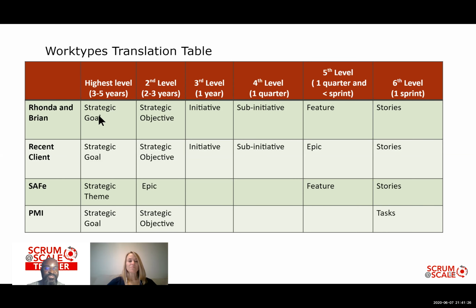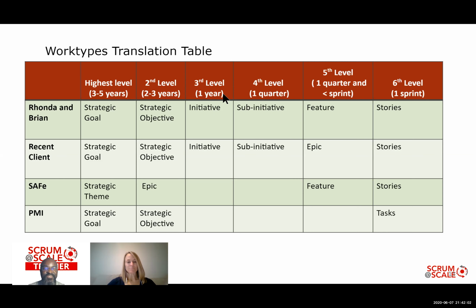So we take our goals, and as we go from these more strategic work types to what the teams work with, you're going to see that they get smaller because they're decomposed. So going from strategic goal to strategic objective, the time frame in which we develop them is actually smaller. And then the initiative, our third level, is even smaller than our objective.